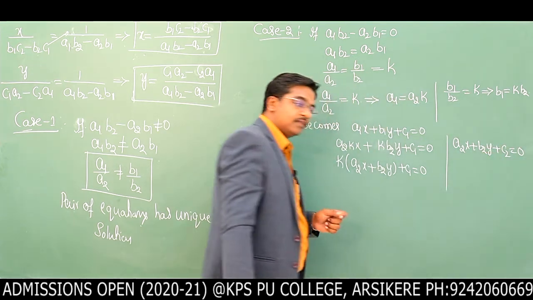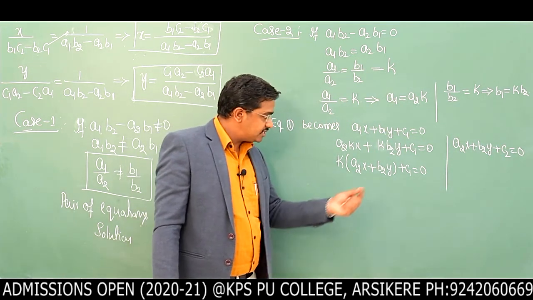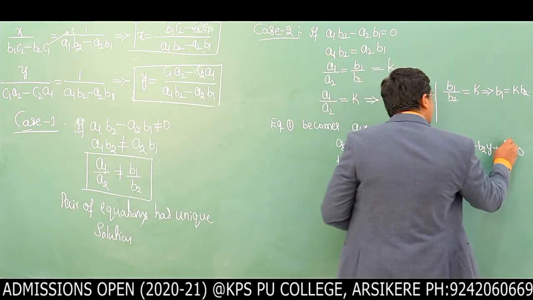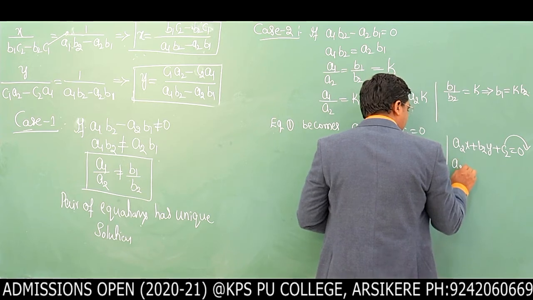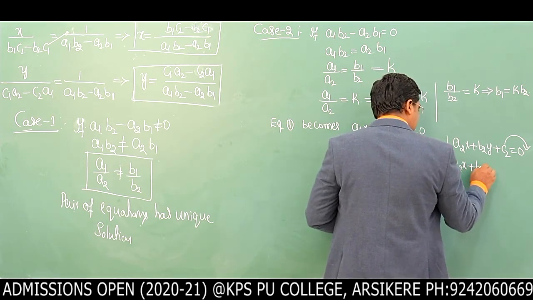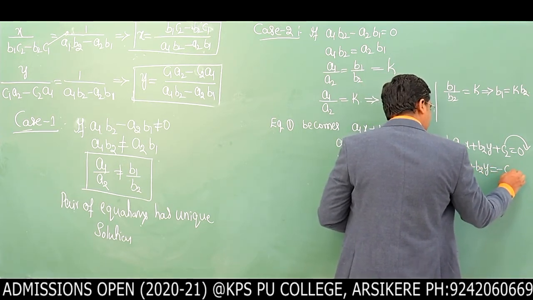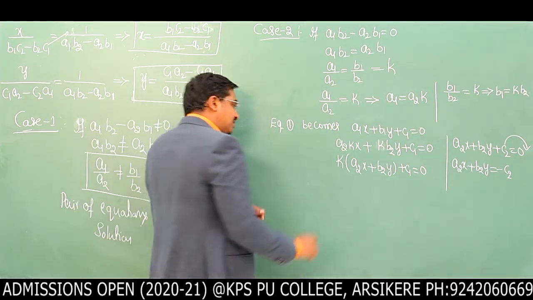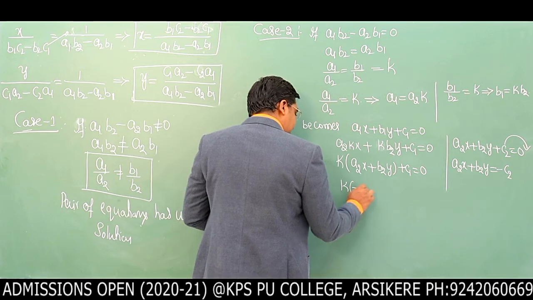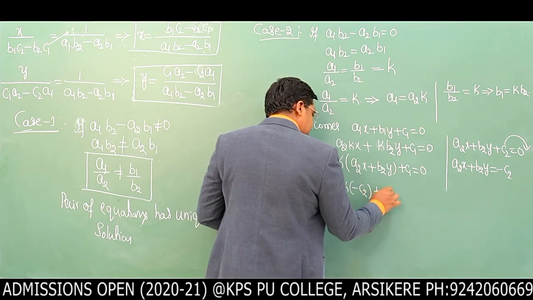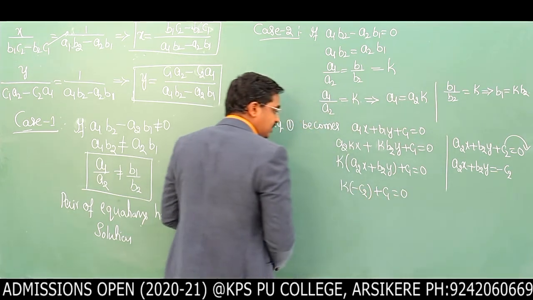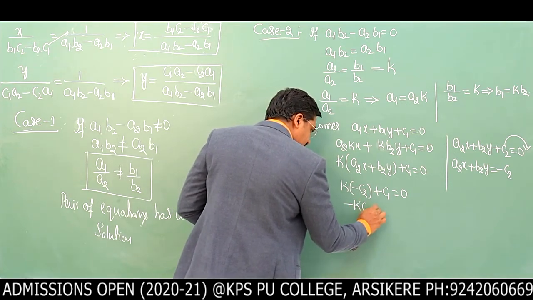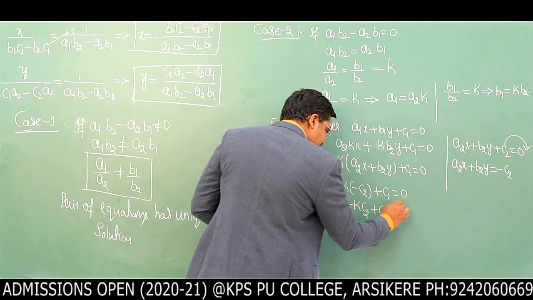So the expression a2x plus b2y is there. Taking c2 to the right hand side, a2x plus b2y is equal to minus c2. Replacing it, k into minus c2 plus c1 is equal to 0, so minus k c2 plus c1 is equal to 0.